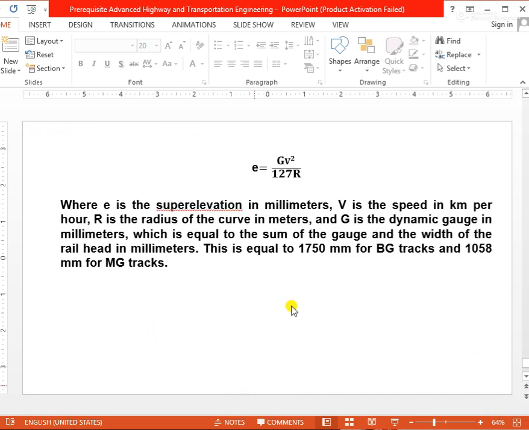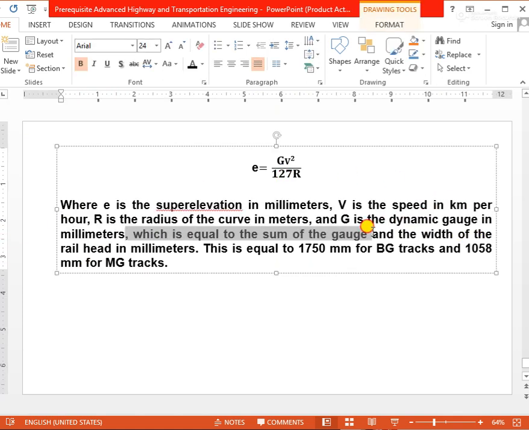Now E equals G V square by 127 R, where E is the super elevation in millimeters, V is the speed in kilometers per hour, R is the radius of curve in meters, and G is the dynamic gauge in millimeters. This term is new. What is dynamic gauge?